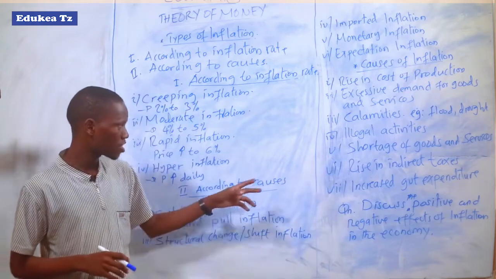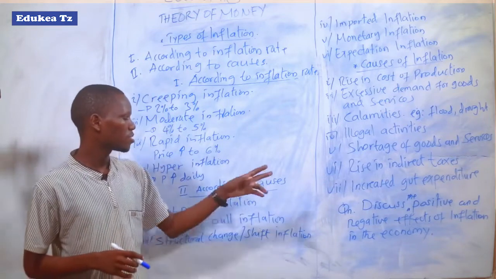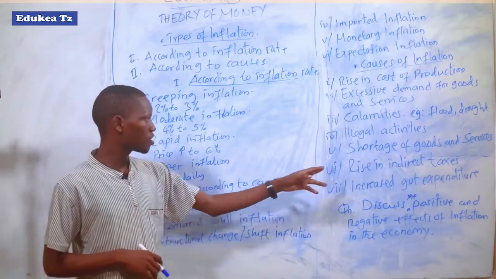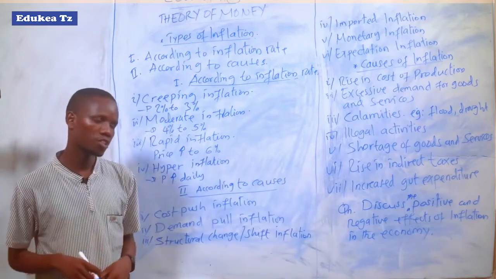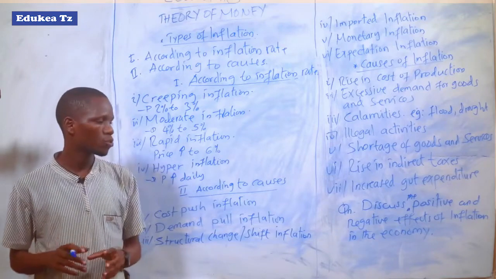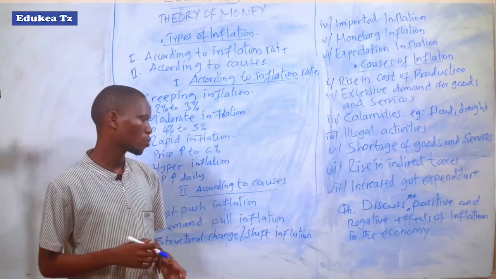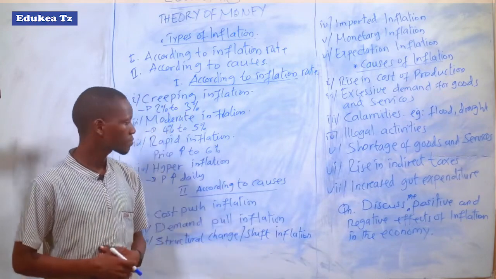So the burden of this indirect tax will be on the final consumer, but this will lead to inflation. So if the indirect tax is reduced by the government, even the price of those goods will be lower, because the retailers and the wholesalers will sell according to how they feel they can get a profit.